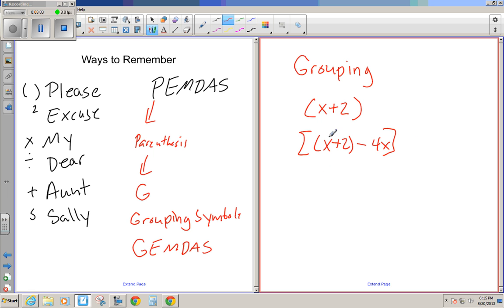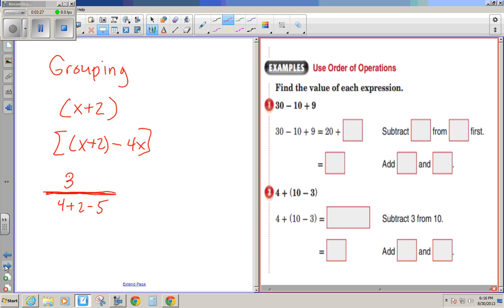I don't know if you want to see those yet, but all this stuff is being grouped together. A division, 3 divided by 4 plus 2 minus 5. This is a grouping symbol as well. That's why I usually will say GEMDOS, but I'll say PEMDOS. Just remember, the first one is any grouping symbol.